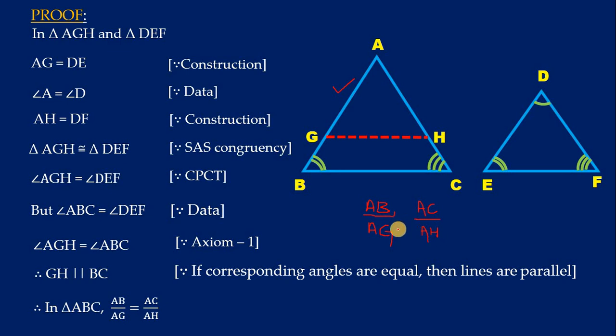This is somewhat like Thales theorem, but not a Thales theorem. This is called a corollary of Thales theorem. You may not have heard the word corollary. So corollary means it's a mathematical statement which can be proved with the help of a theorem. So here, Thales theorem, you know, that is AB.